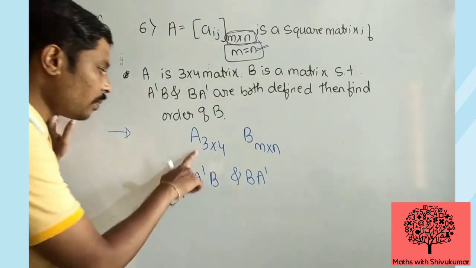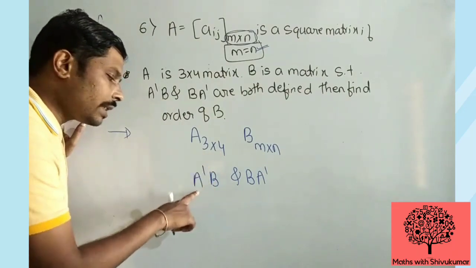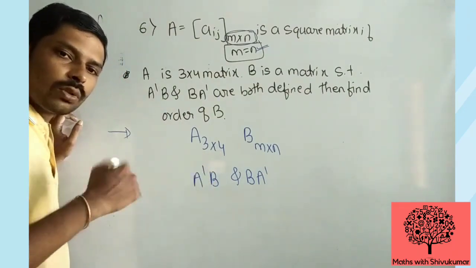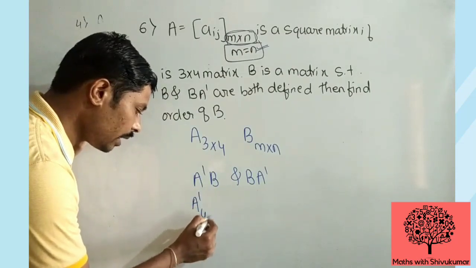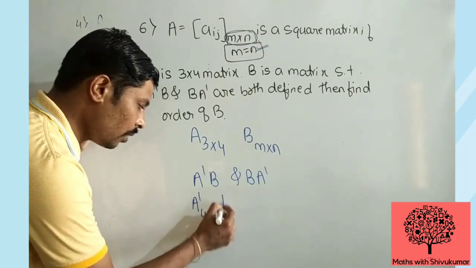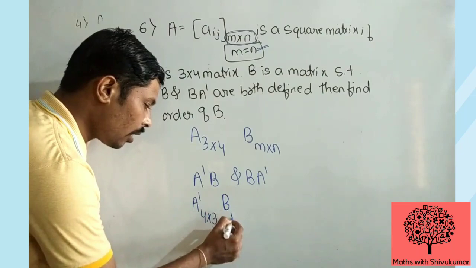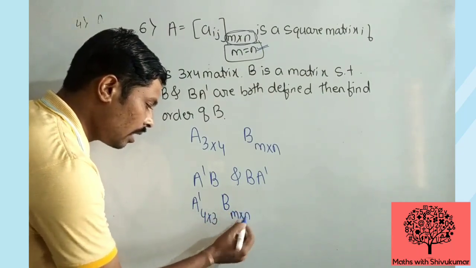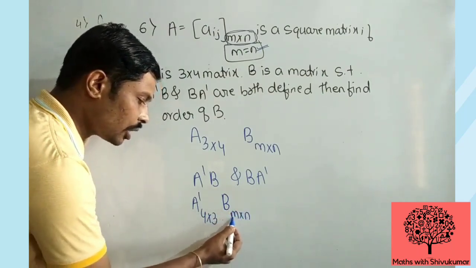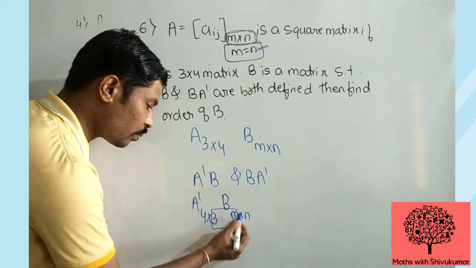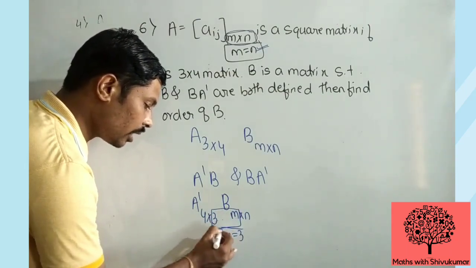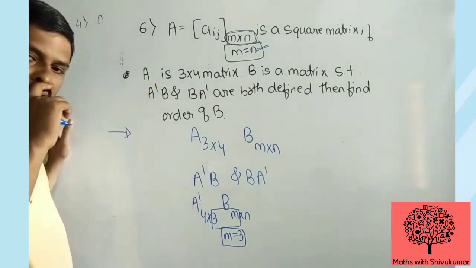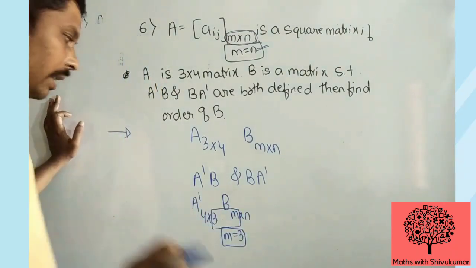Students, if the order of A is 3 cross 4, what is the order of A transpose? It will be reversed only. So the order of A transpose is 4 cross 3. We already know B's order is m cross n. When multiplication is possible, the inner values must be the same, so the value of m is 3.